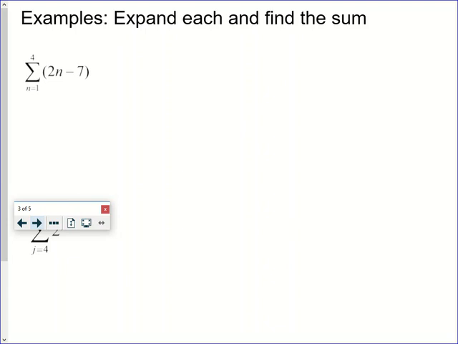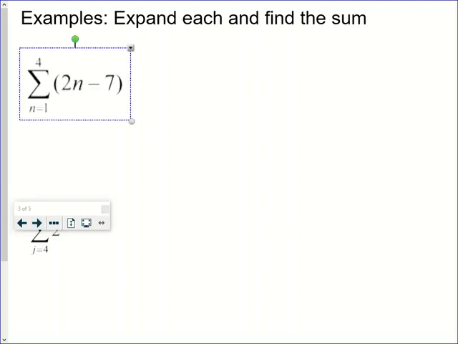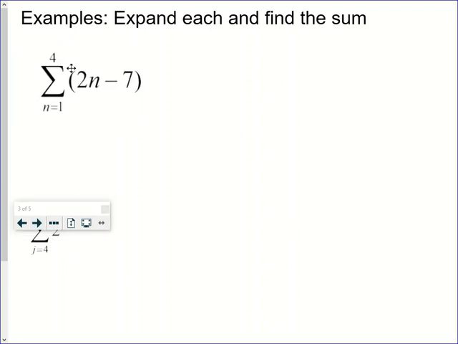Okay, so we're going to start with some examples. So we're going to expand and we're going to find the sum. So for this first one, we're finding the sum of 2n minus 7, where n equals 1 up to 4. So the first thing you need to figure out is what kind of sequence this is.